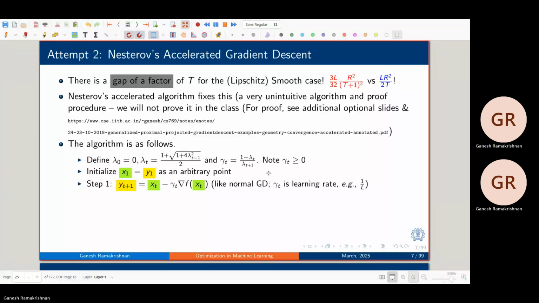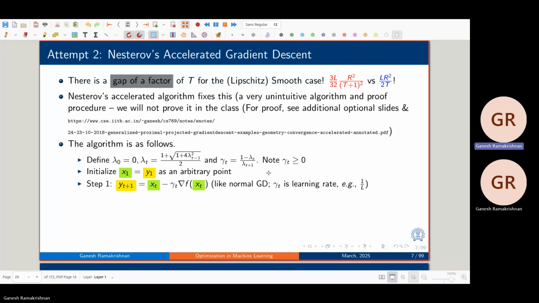So we can start with gamma 0. Gamma 1 requires you to have lambda 2. What is it? 1.